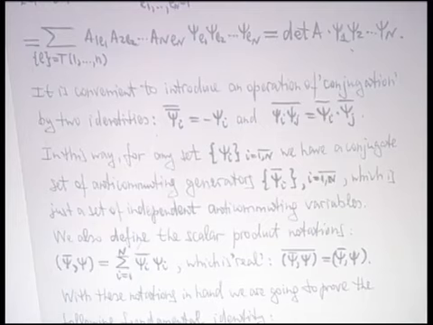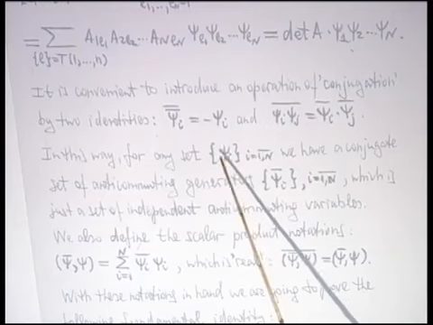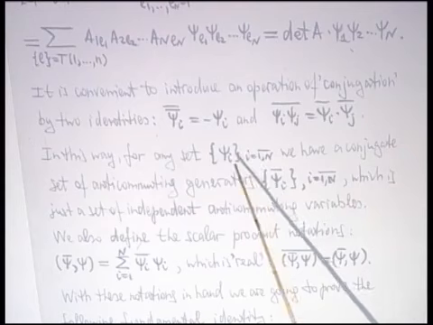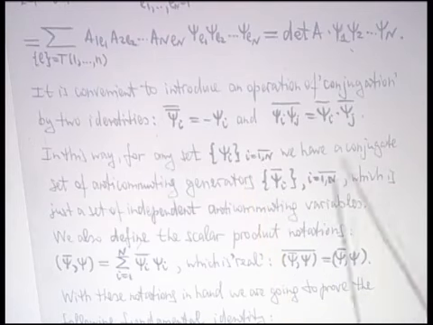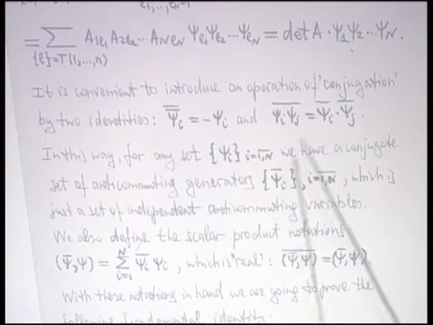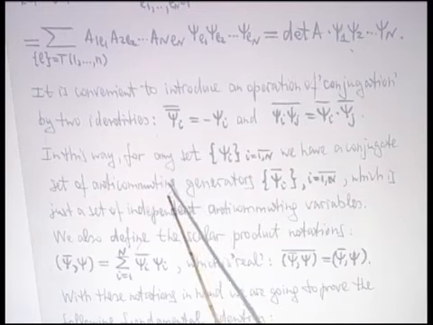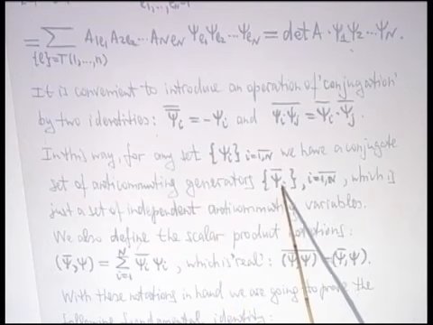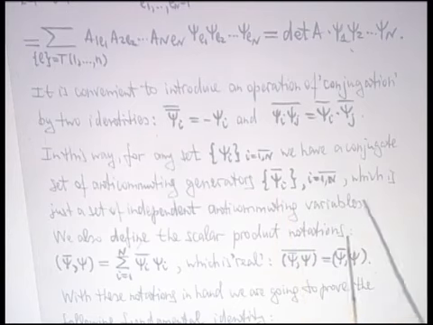So in this way, for any set of n Grassmann variables, we have a conjugate set, better said, a set of conjugate anti-commuting generators. So you can look at them just as an independent set of anti-commuting variables. That's all.